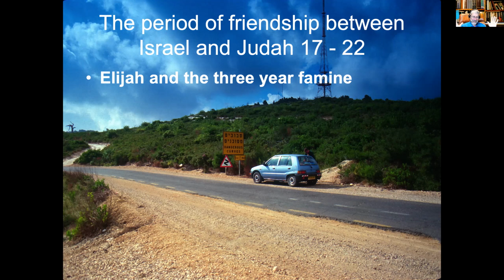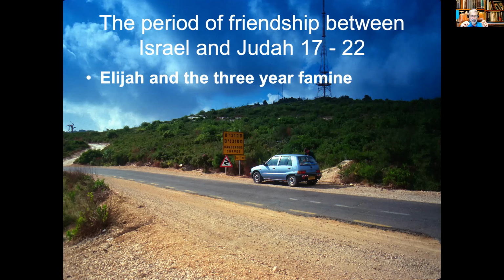At any rate, Elijah the Tishbite came in and spoke to Ahab and said, "As the Lord, the God of Israel lives, before whom I stand, there shall be neither dew nor rain these next few years, except by my word." Okay, a drought.